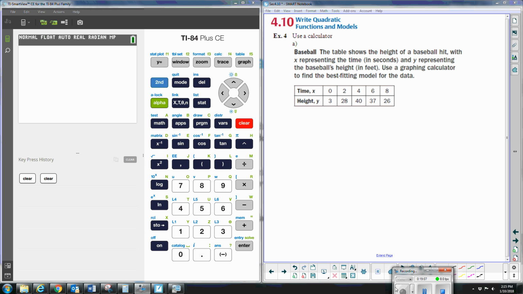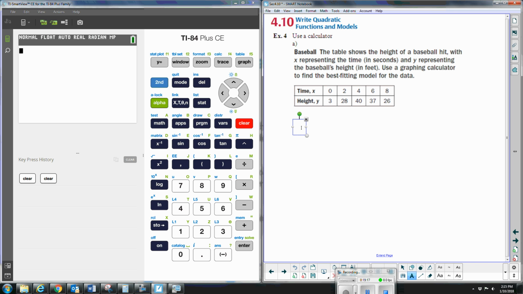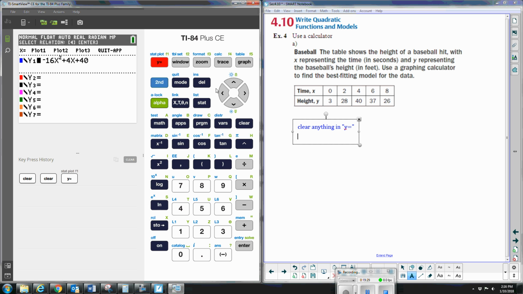All right, this next example is to use your graphing calculator. So please take out your graphing calculator. And there's a few steps that you have to follow. So I'm just going to jot these down here. You want to clear anything you have in your y equals. So go to y equals, make sure that's completely cleared out.